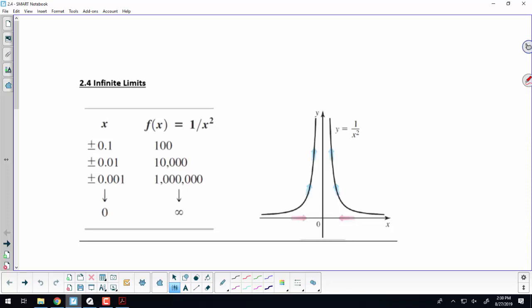this first page of 2.4 is really an overview of 2.4 and 2.5. So in 2.4 we're looking at infinite limits, and in 2.5 we're looking at limits at infinity. Right off the bat, we need to state that the limits in 2.4 that approach infinity, infinite limits, do not exist.